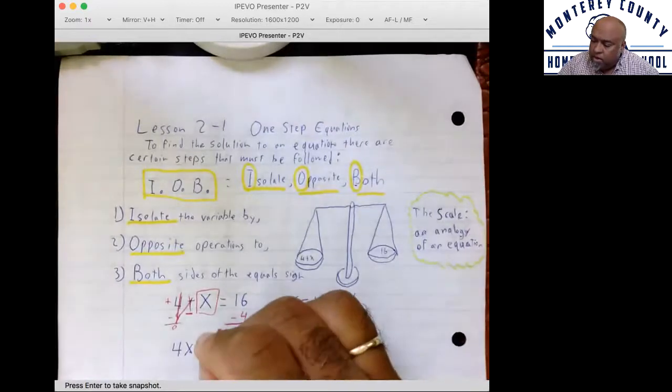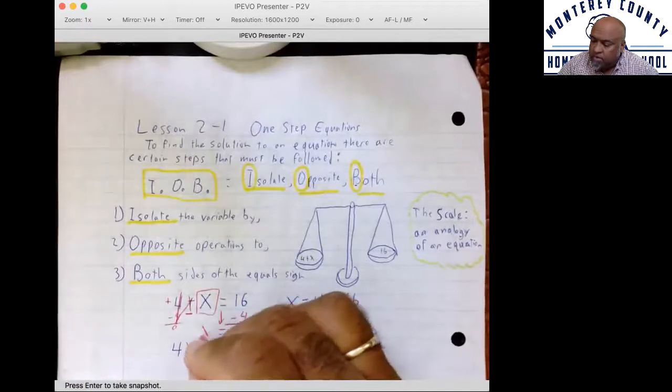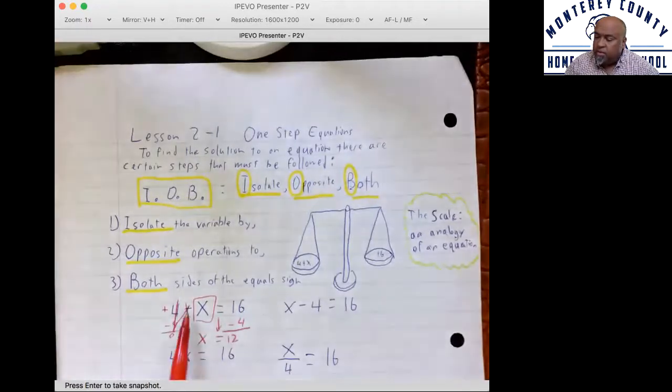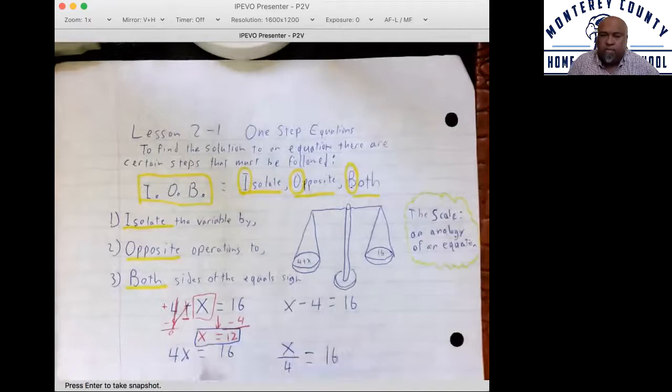Now I'm going to rewrite my equal sign, just bring it down, and then I'm going to rewrite my x because that's the only thing that's left. The plus was canceled essentially by the minus, and since I added 4 here, I subtracted it later. So now I have the answer: x equals 12.